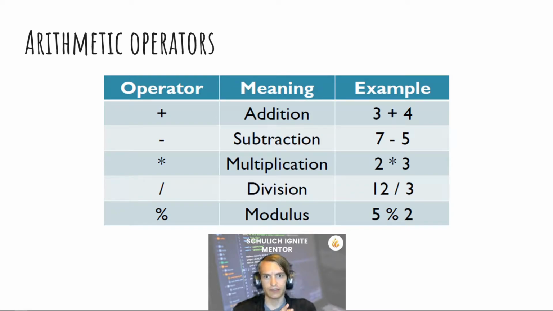Again, these by and large behave pretty much the same way that you expect arithmetic operators to behave normally. Addition adds two inputs, subtraction subtracts one from the other, multiplication multiplies, division divides. It's all fairly straightforward. The only thing you might not be familiar with is the modulus operator, which is effectively the remainder.